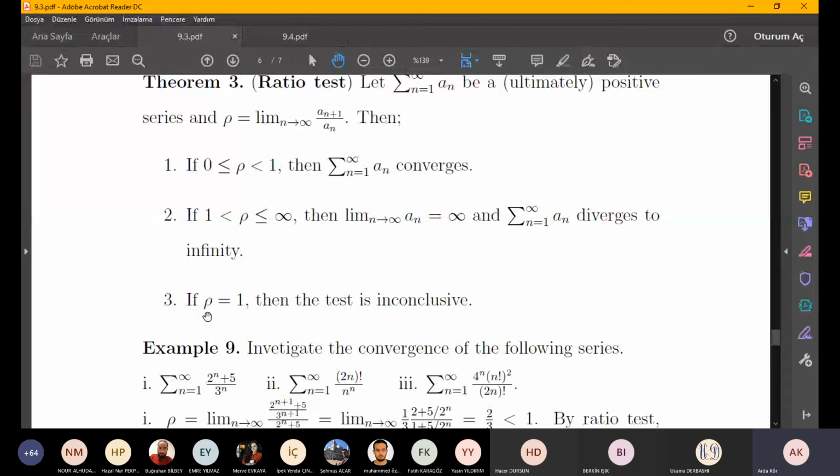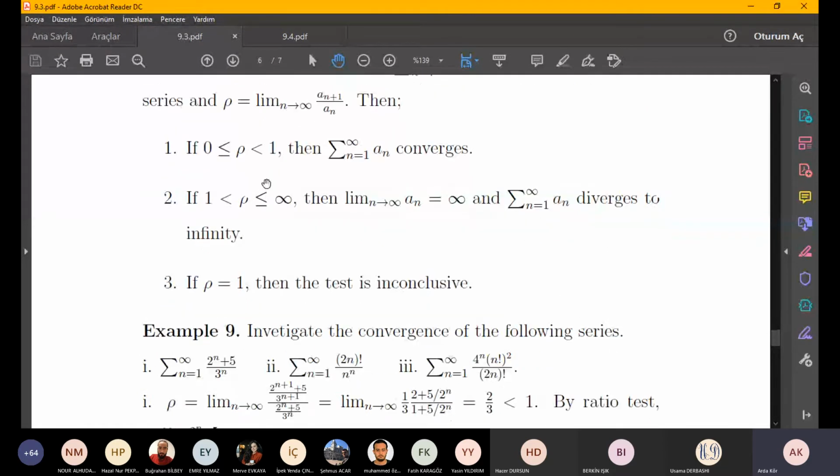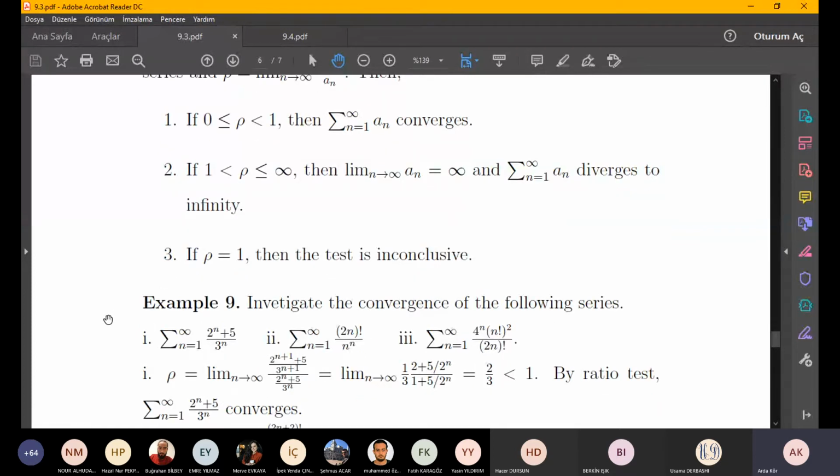And the last case: if rho is 1, that doesn't say anything, so the test is inconclusive if your rho is 1. Your series may or may not be convergent. So you should have those two hypotheses if you want to get some information about your series.